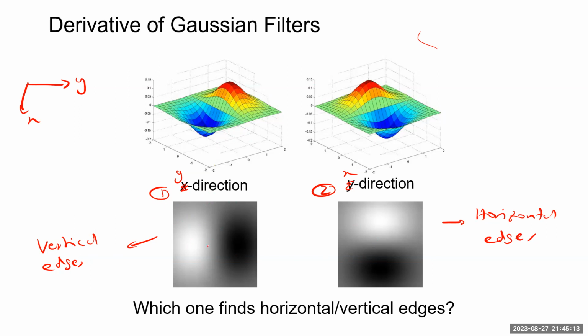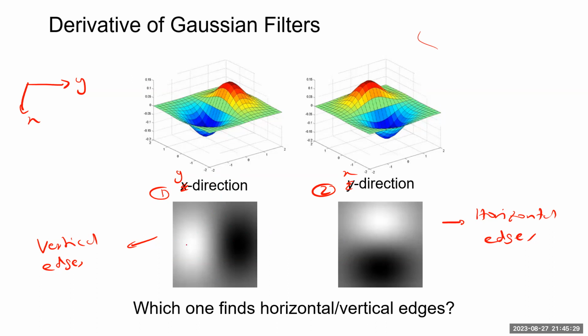If you send this through, it will find vertical edges, because the filter is varying in this direction, so the edges will be in the perpendicular direction.